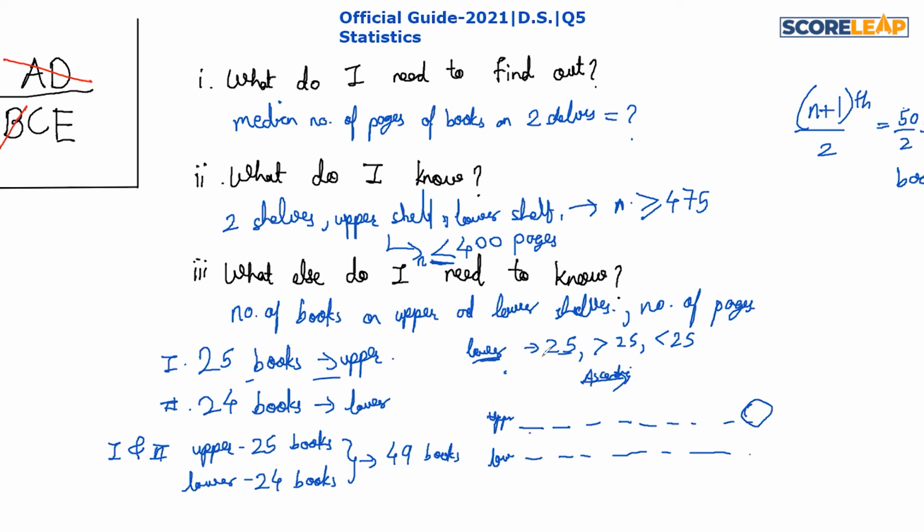Because there are 25 books on the upper shelf, and the highest number of pages on the upper shelf is 400, the 25th book has 400 pages, and this is the median number of pages. So by combining both of them, we can get our answer.